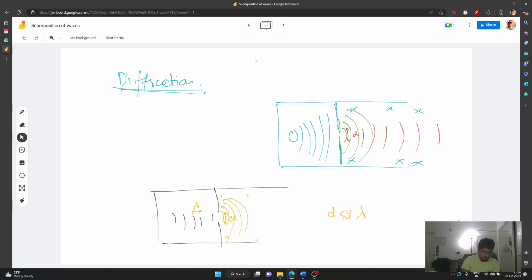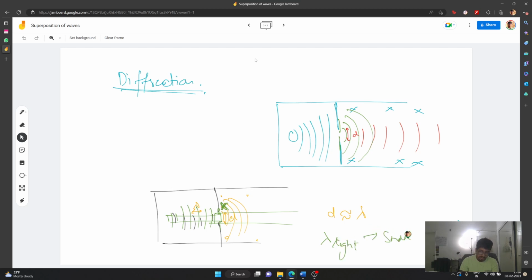On the other hand, if this was light, which has a much smaller wavelength, and you have light in the room and a small slit here, you imagine that the light will go nearly straight. So a person standing at that X mark, will he see the light? No, he will not, because the lambda of light is very small.